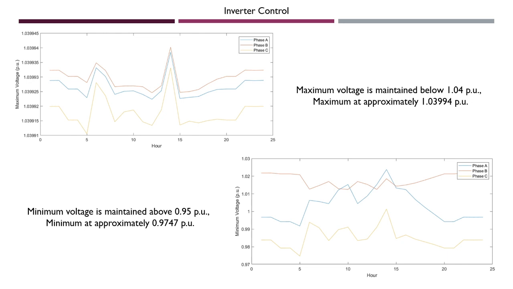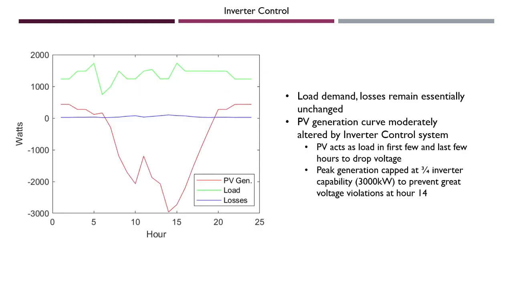And talking to that, we'll actually notice I plotted the load demand, losses, and the PV generation again. The load demand and losses are pretty much unchanged, but the PV generation curve is modified by the inverter control system. You'll notice in the early hours of the day, the PV is actually acting as a load in order to reduce voltage because of a higher presence of generation and a lower load, or a load that is increasing per se.